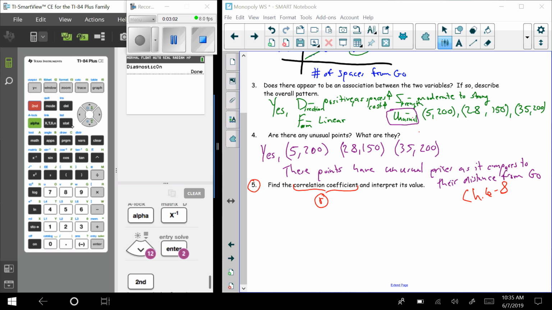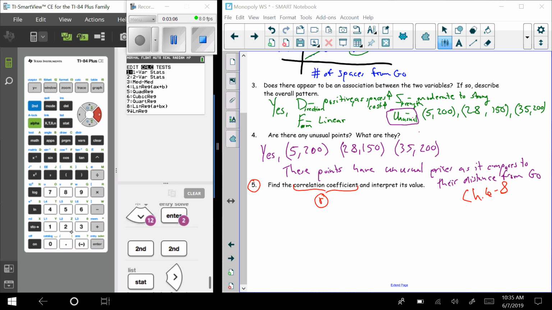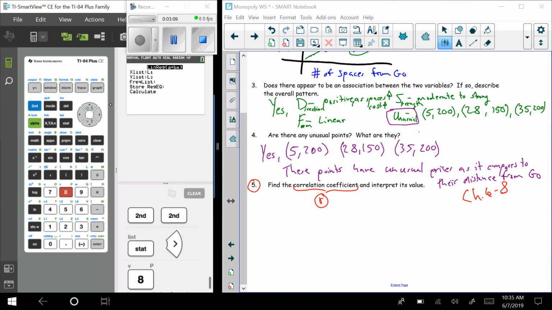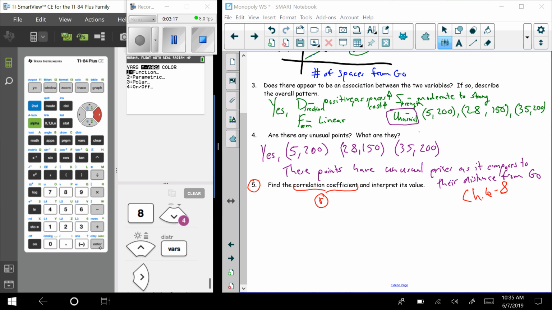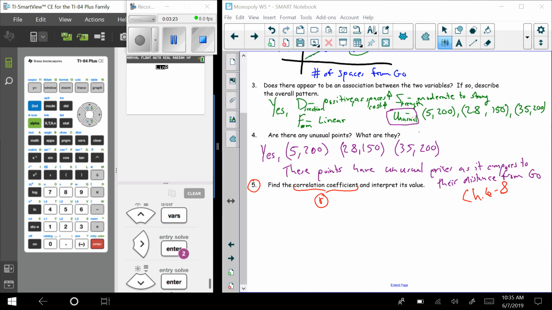So we just go to stat, go over to calc, hit 8 again. Same exact stuff we had in there before. We want to practice putting this in again. Okay, store linear regression. That was variables, y, and then we hit y sub 1, right? Store it. Okay, calculate.